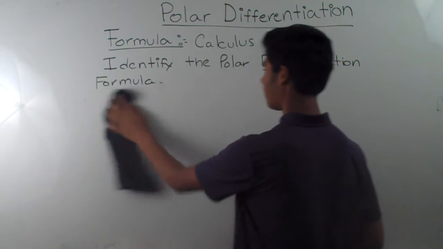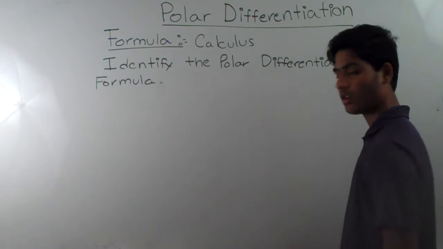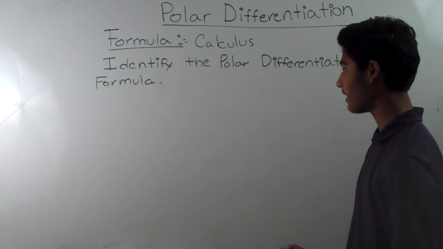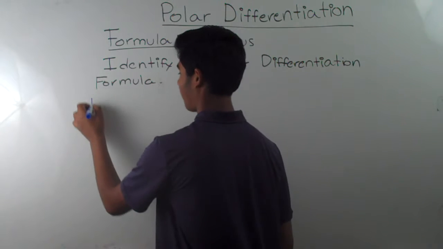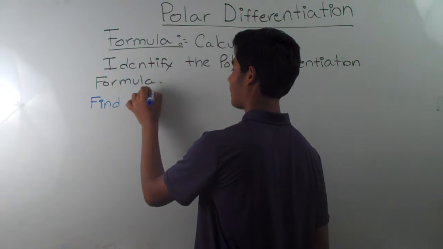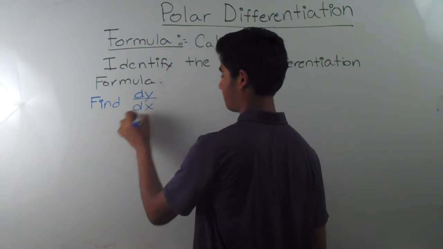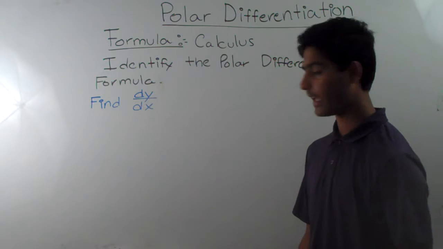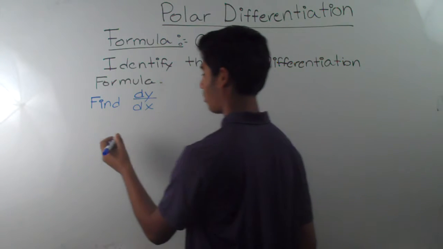So even though this would be a polar equation in terms of r and theta, we still want to find dy/dx. Now let's list some common rules between rectangular planes and polar planes.